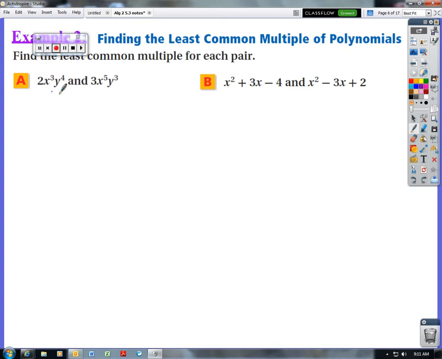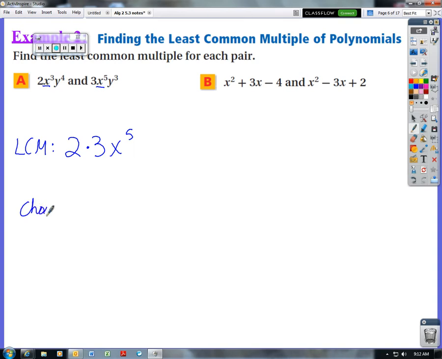When you have factors like these, your least common multiple has to include every factor. So 2 needs to be included in there, 3 needs to be included. So you're going to have 2 times 3. You need to look at the x's, and you choose the x with the highest power. So that's going to be x to the 5th.